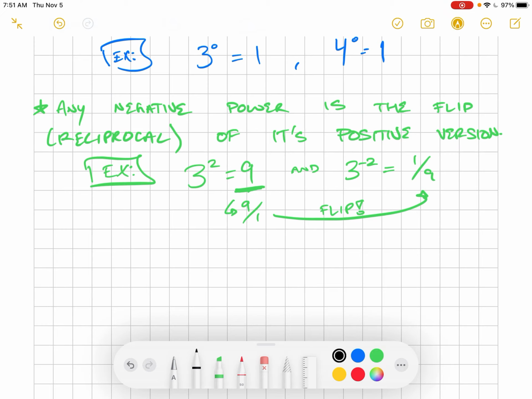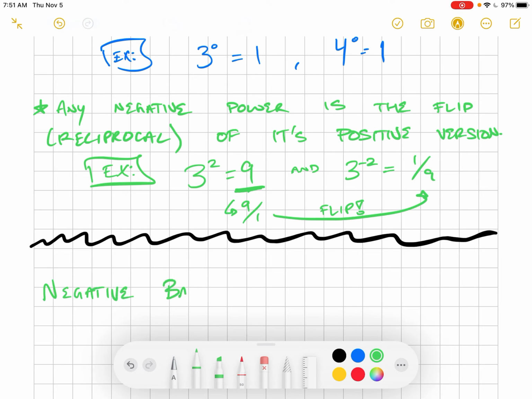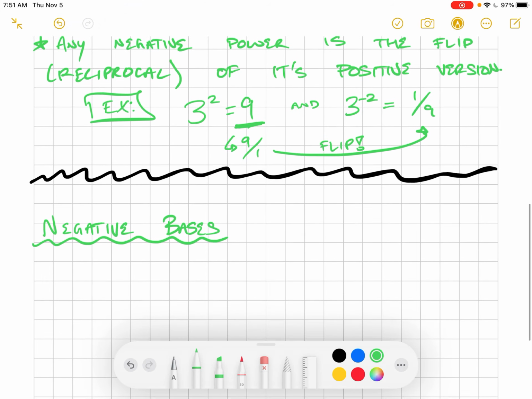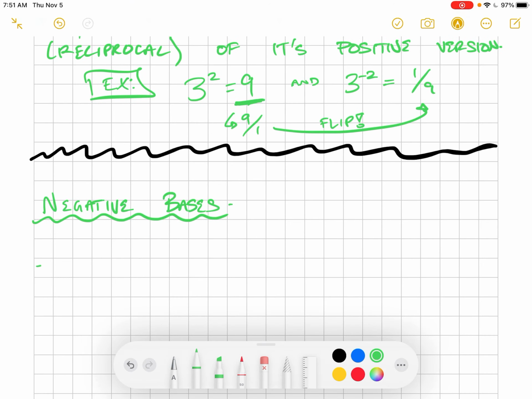So first off, let's just draw a little line right here. And now let's talk about negative bases. Okay. Well, negative bases would be something like this.